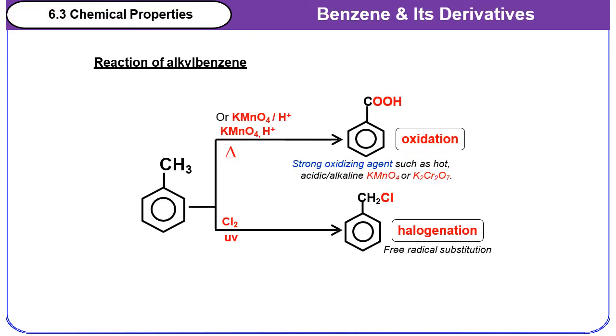Okay, there are another two reactions that will happen at the alkylbenzene, which means there is an alkyl group attached to the benzene ring. The simplest alkylbenzene is methylbenzene. Methylbenzene, for example, can react with hot acidified KMnO4 or K2Cr2O7.